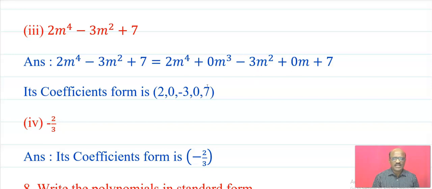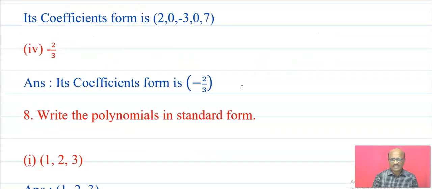These terms are not there. Therefore, we can write it as 2m raised to 4 plus 0m cube minus 3m square plus 0m plus 7. And their coefficients are 2, 0, minus 3, 0, 7 in this way.